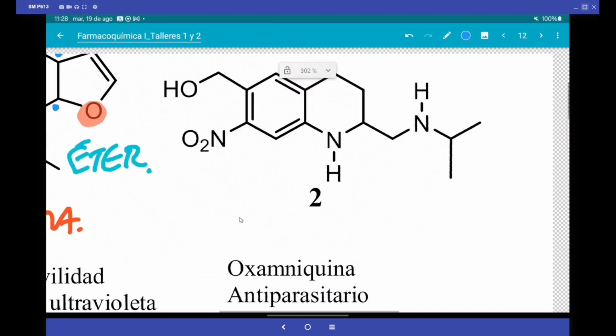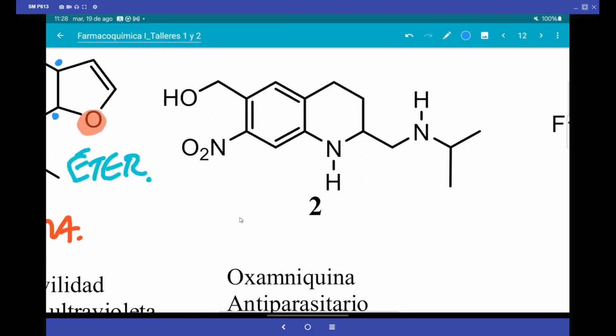This antiparasitic says here, which nitrogen is basic? The NH, this one that is here, which is a secondary amine. This is also a secondary amine, but they are different. Which is the most basic of the structure? The first one, that is conjugated by resonance with the benzene, or the second?